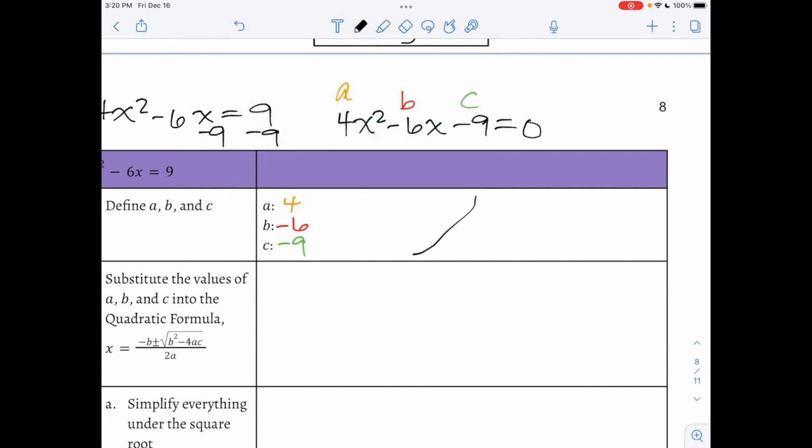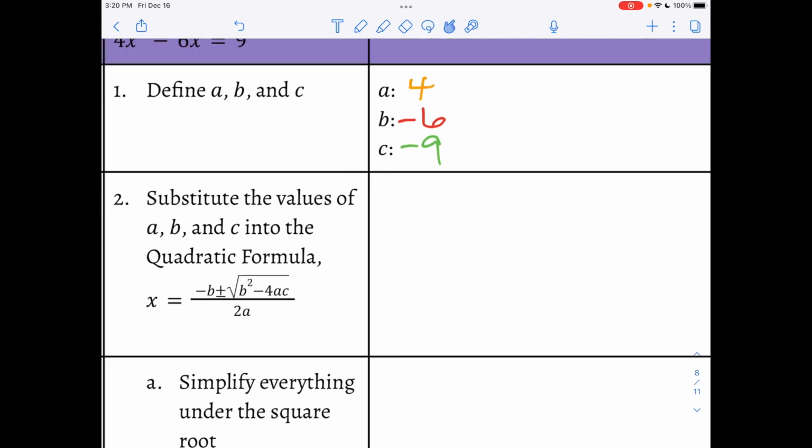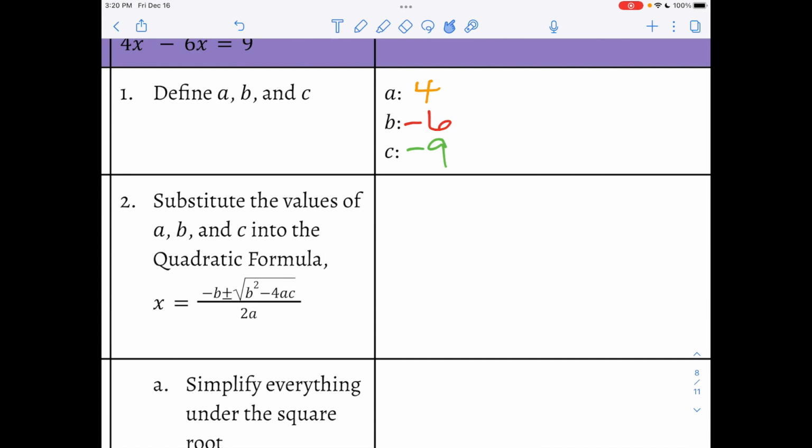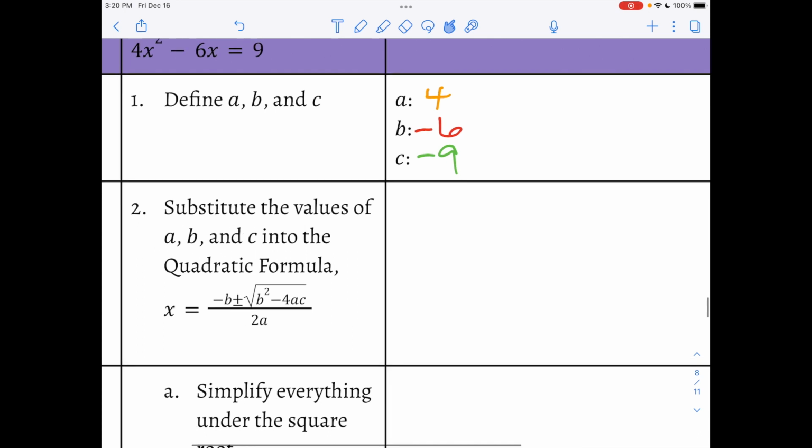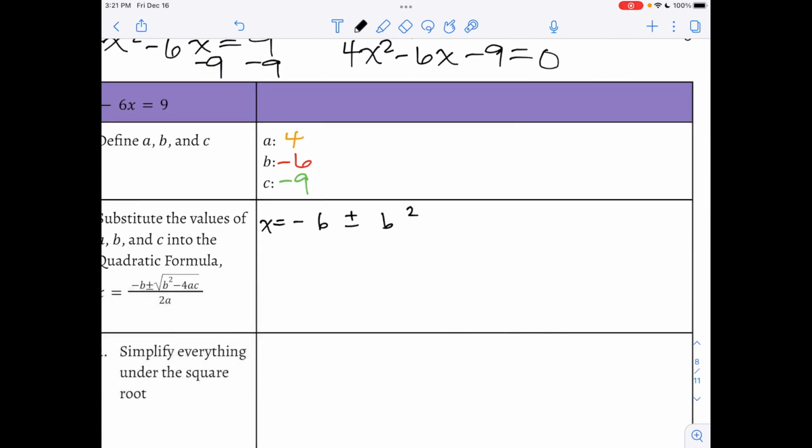Again, I'm going to write out my quadratic formula completely and substitute those values in. So we've got x equals negative b plus or minus the square root of b squared minus 4ac, all over 2a.